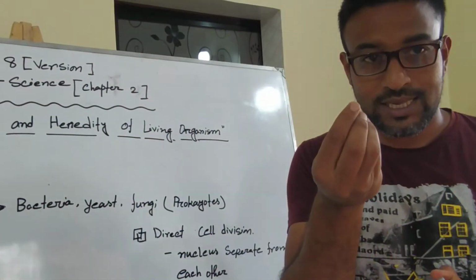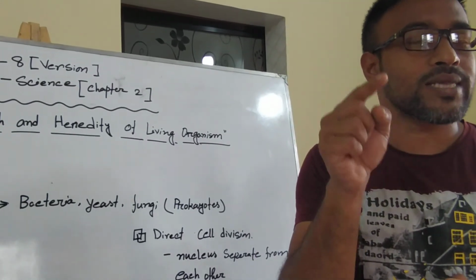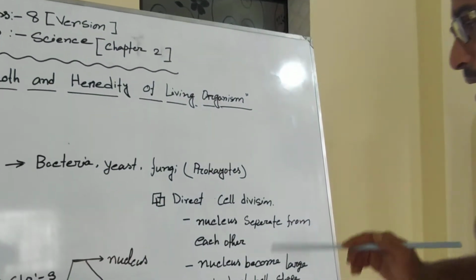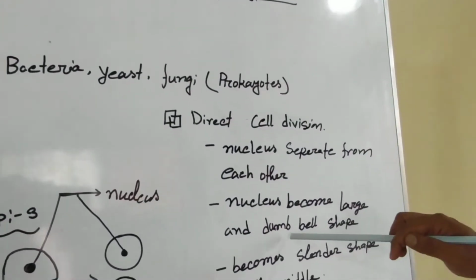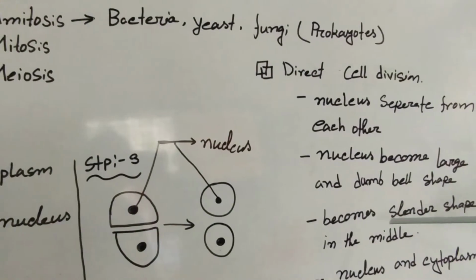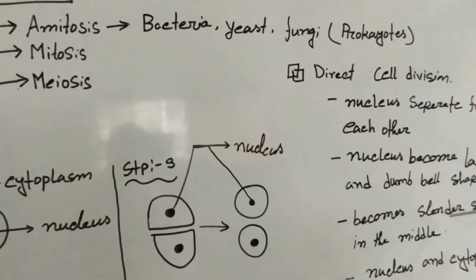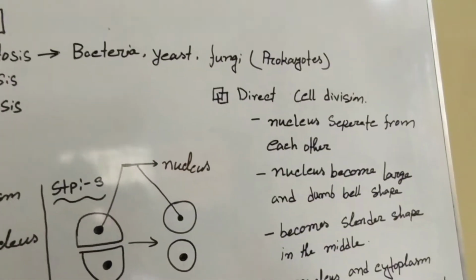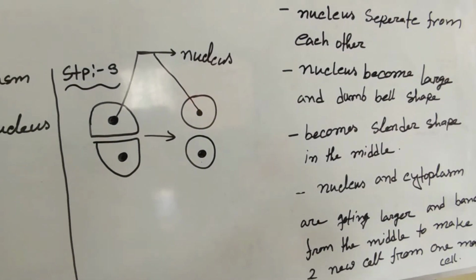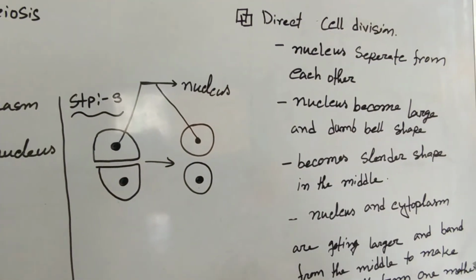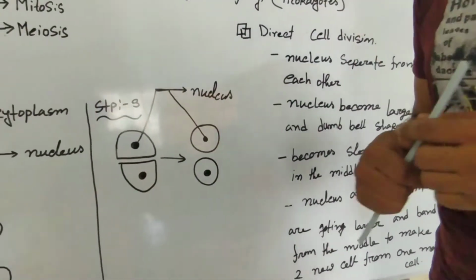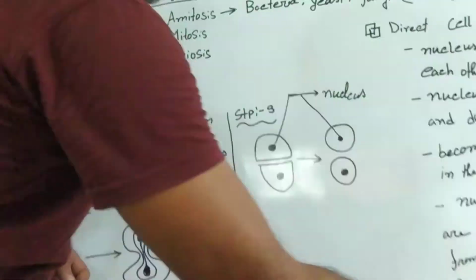Every cell contains a nucleus, and the cytoplasm surrounds the nucleus. The nucleus becomes large and dumbbell shaped when it starts growth or cell division, and becomes cylinder shaped in the middle. The nucleus and cytoplasm get larger and bond from the middle to make two new cells from one mother cell. I know you are now thinking, oh my god, what is he going to say, I don't understand that. Okay, forget about that, forget about it.